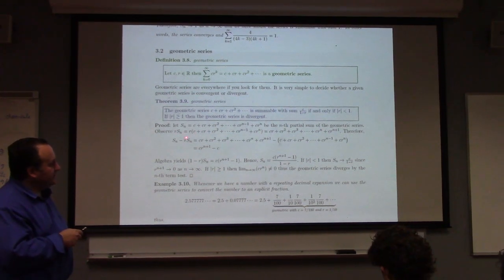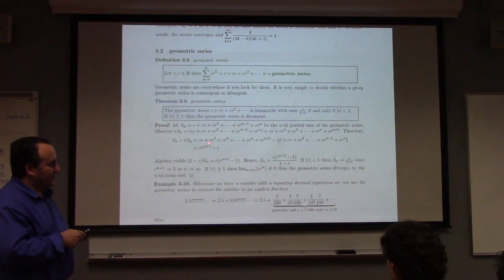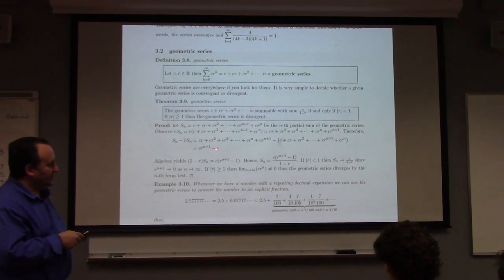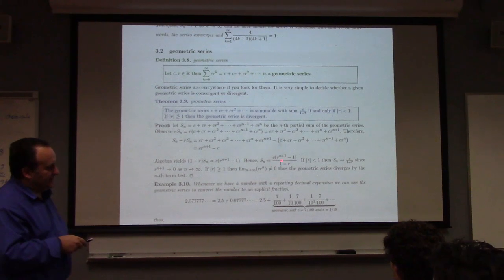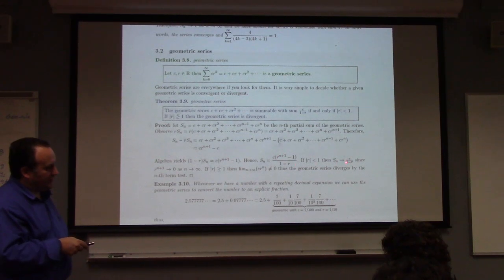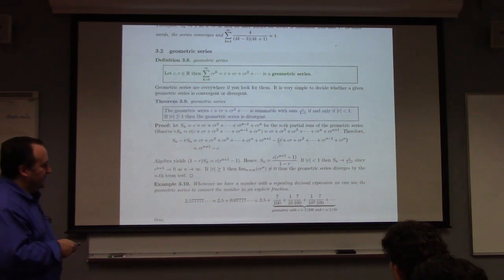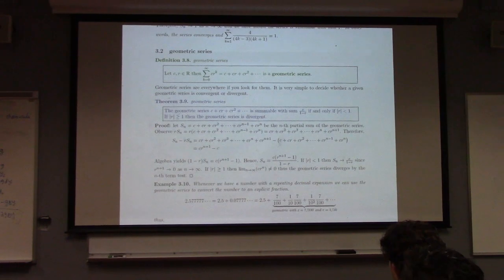Then you subtract them. See that everything cancels except for two terms. And then you can solve for Sn. You get Sn as this, right? And then you take the limit as n goes to infinity. In the case that the absolute value of r is less than 1, this goes to c over 1 minus r, which of course is the geometric series result. And otherwise it blows up, yeah.